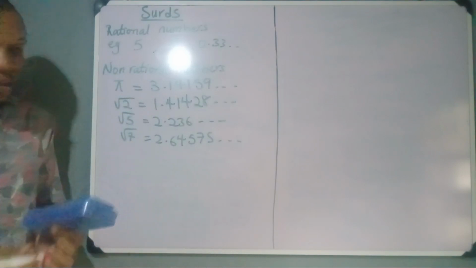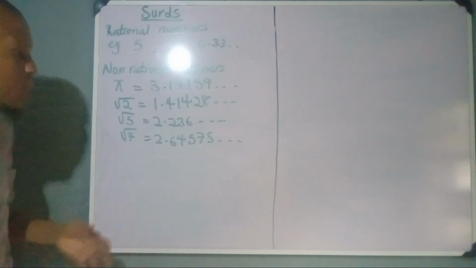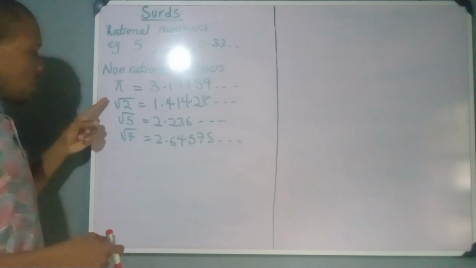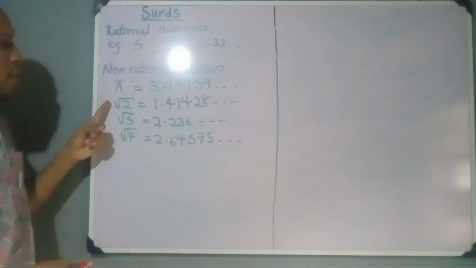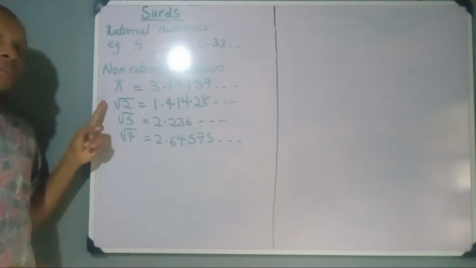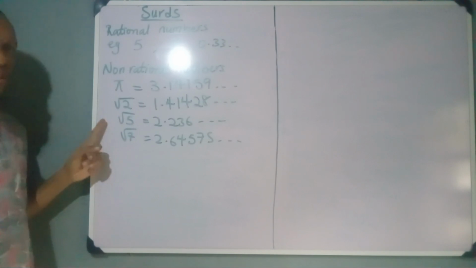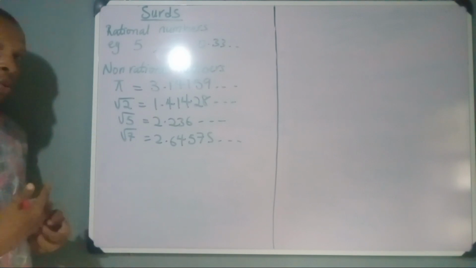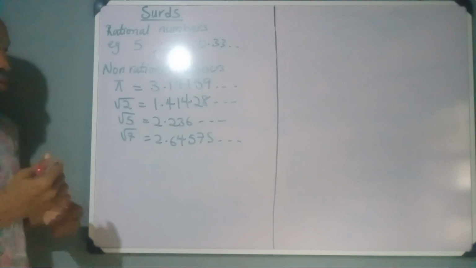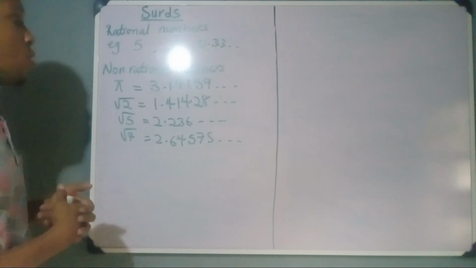They don't repeat themselves and they don't terminate. So surds are non-rational numbers that can be expressed as the square root of whole numbers. So these are surds.